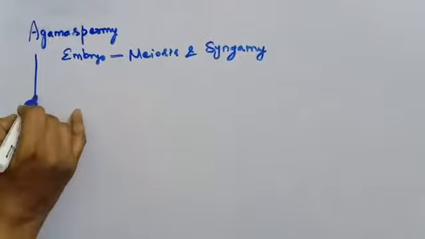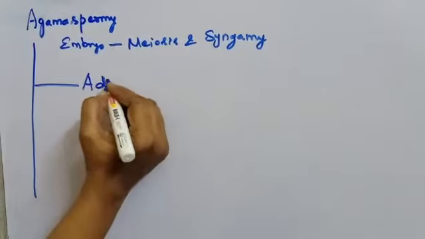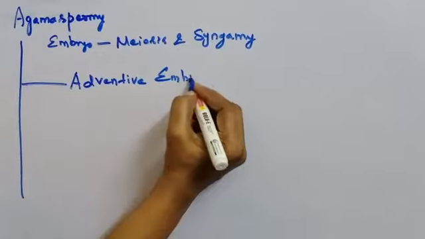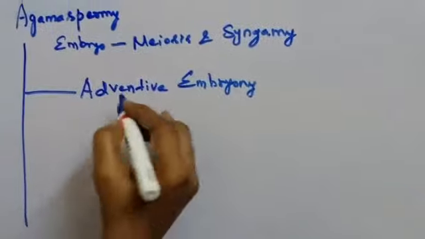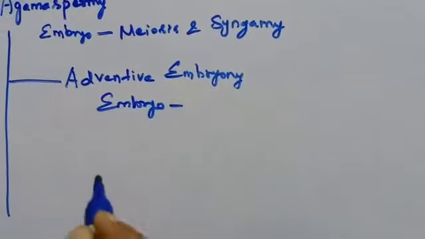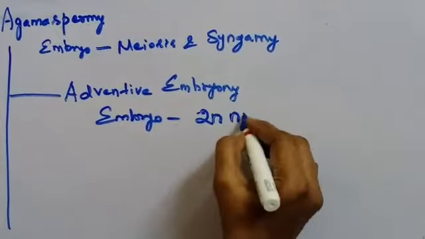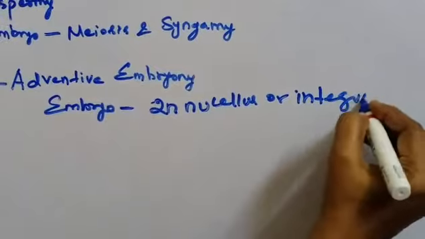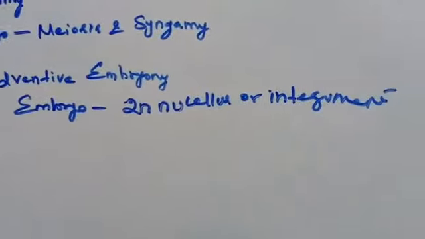Then there are three types in this. Let us see the first one: adventive embryony. What is adventive embryony? The embryo develops from diploid nucellus or integument.